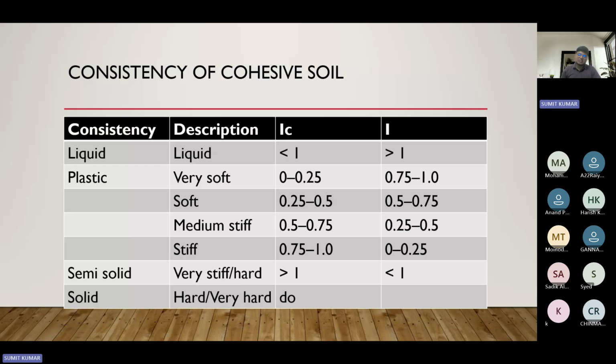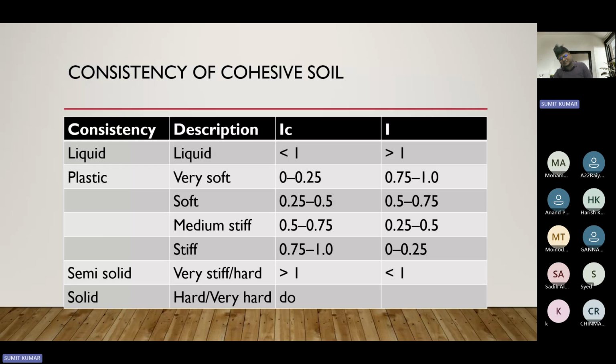Conversely, the liquidity index is the inverse of that. So these are the ranges which you need to keep in mind just for information, because sometimes the question is asked that for this much consistency index, what is the description of the soil? Over there you have to say whether it is soft, hard, or very hard.